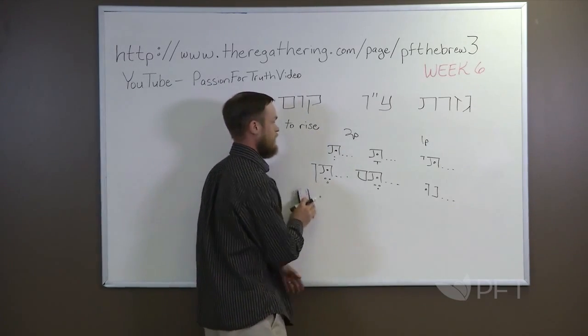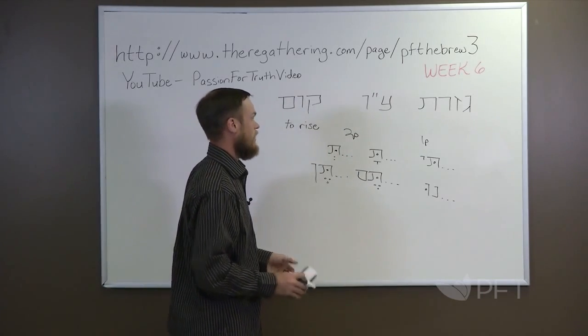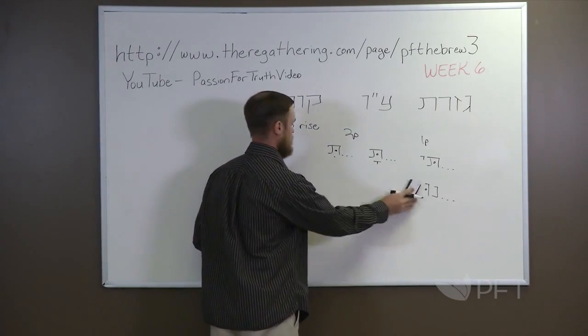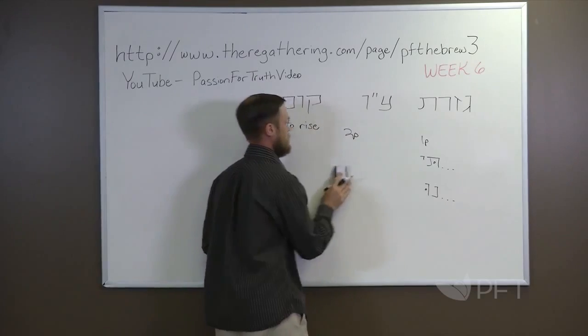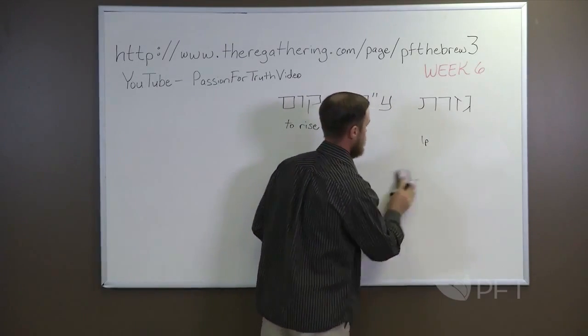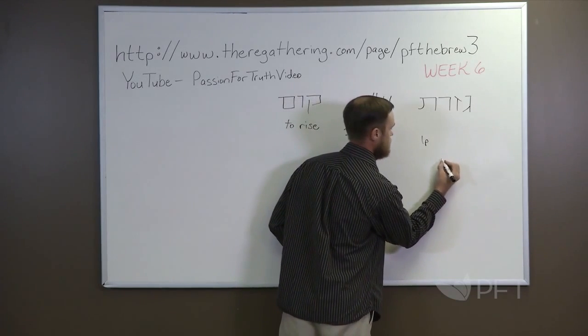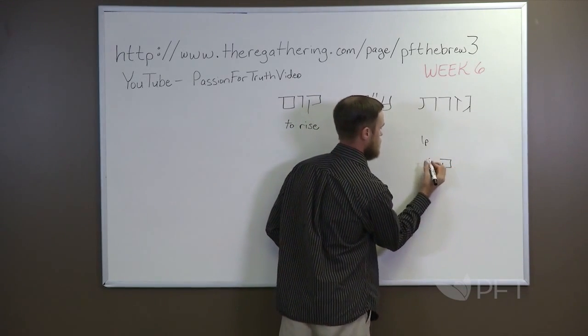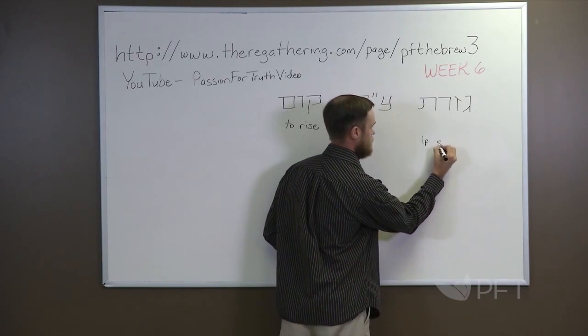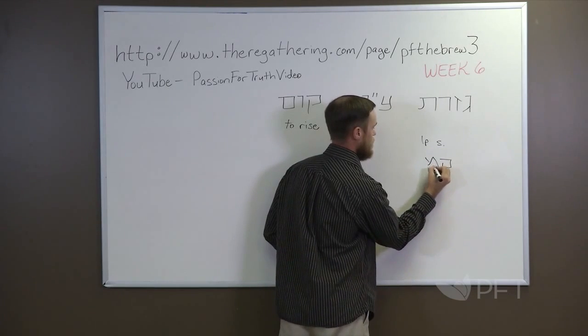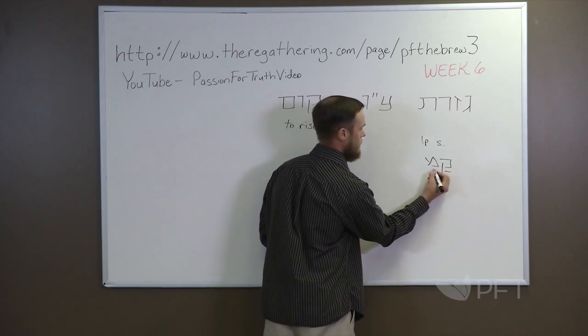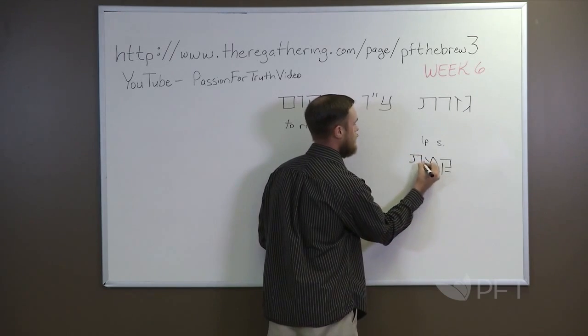Now the vav drops off in all of these. The difference between the first and second person and then the third person is that the third person uses a kametz under the first radical, and the first and second persons use a patach. Okay, so the first person singular becomes kam with a patach, kam ti.